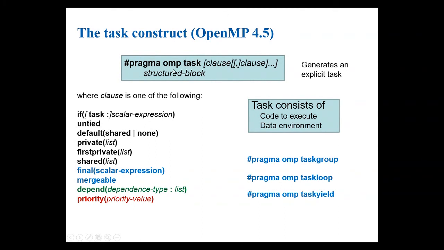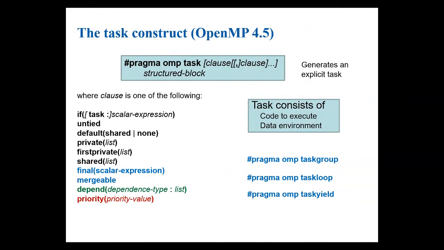And then the task will work on a structured block of your code. So a task consists of code to execute, what type of data you want to execute on, and the data environment as well. And then you can have more say about the task groups and the taskloop or taskyield. You have more control depending on your applications.